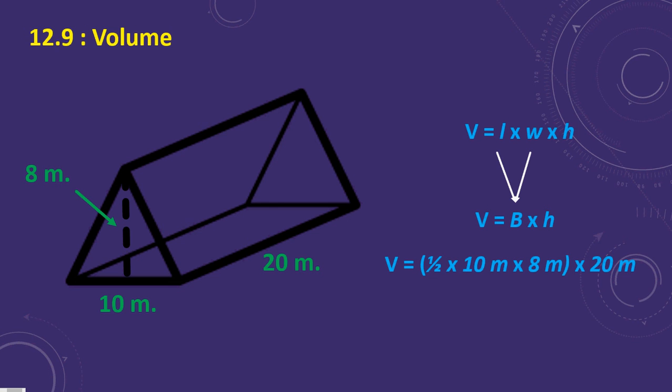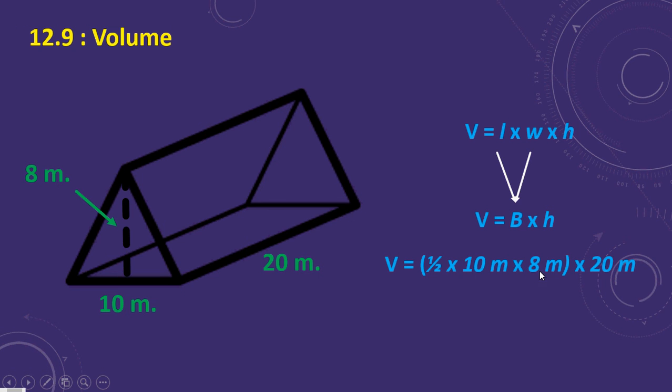La fórmula de un triángulo es 1/2 times base times height. Pero de mi base, de este triangulito. ¿Cuál sería mi base de este triangulito? 10. I put it over here. ¿Y cuál sería mi height de este triangulito? Esta línea que está aquí, 8 meters.